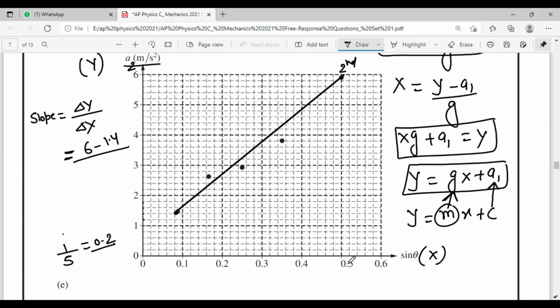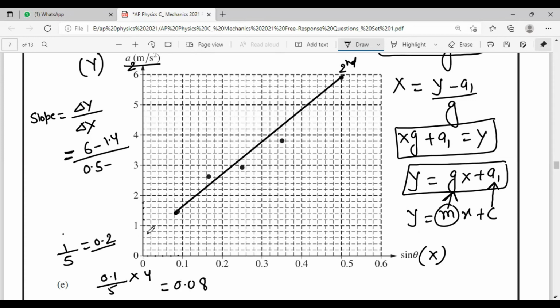What will be x2? X2 will be 0.5 minus x1, which will be 0.1 into 4 divided by 5, that is equal to 0.08.